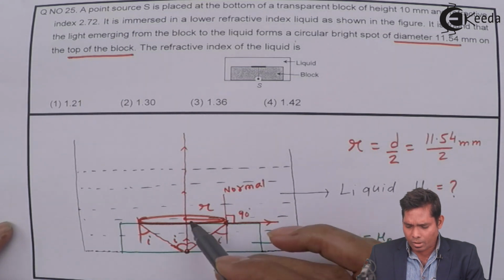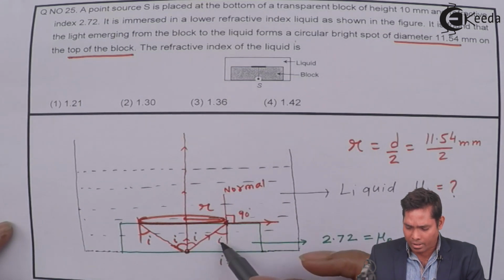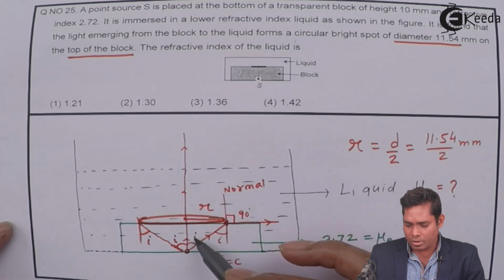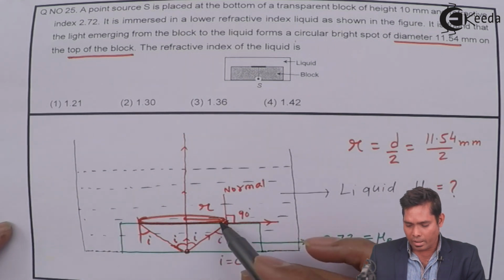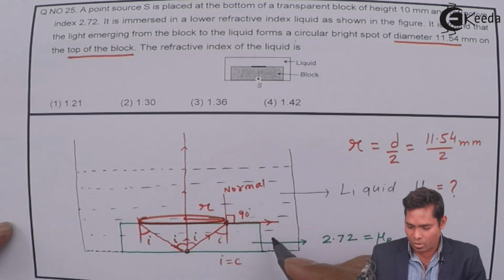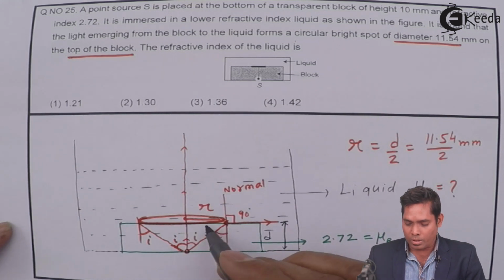This is r, this is I, this is also I, this is also C. So from this right angle triangle, tan of C equals this side, perpendicular on base. It is R over this distance. Suppose this distance is D. Then this is R over D.